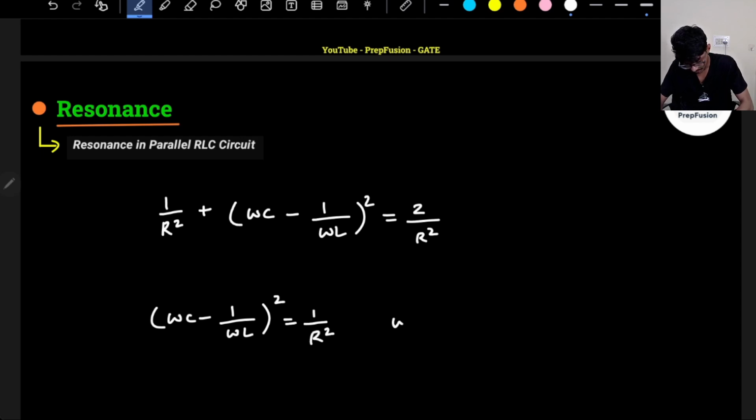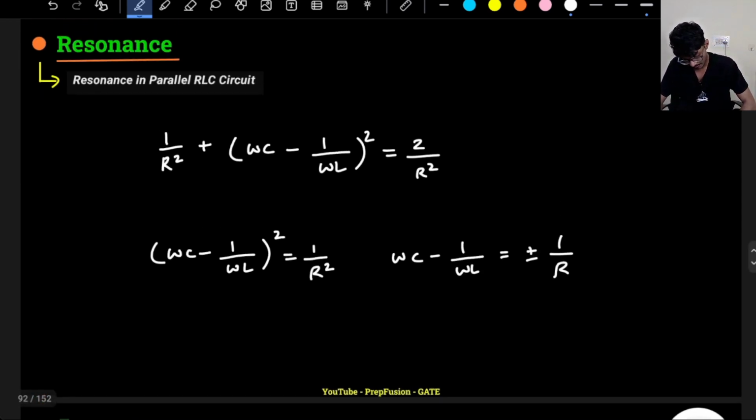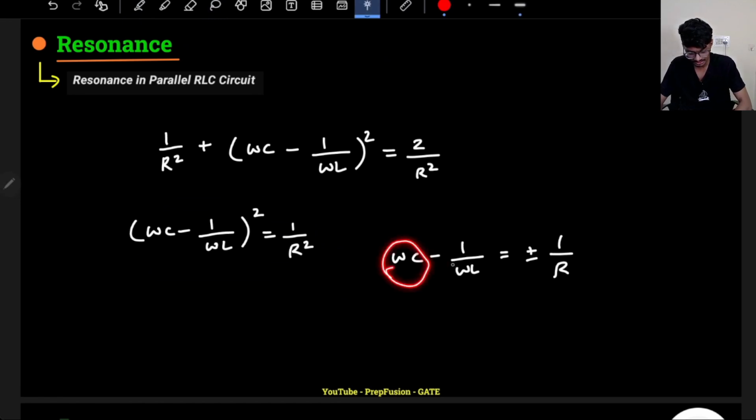So I can directly say that my omega C minus 1 by omega L will be plus minus 1 by R. Correct? I cannot simply ignore the negative sign, right? We have to take both signs. So there are two things here. Of course, if omega C minus 1 by omega L is positive, that means it is capacitive in nature, so it will be above the resonant frequency.